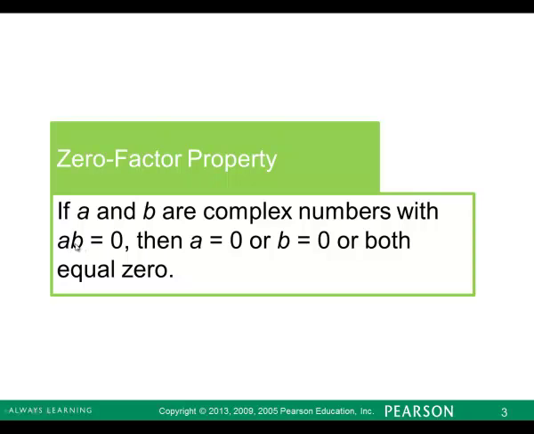When you have two factors, a times b equals 0, then either a equals 0 or b equals 0, or both. So we try to factor the quadratic equation, set each factor equal to 0, and then solve from there. That's where the 0 comes in.